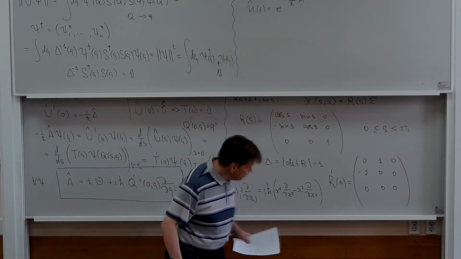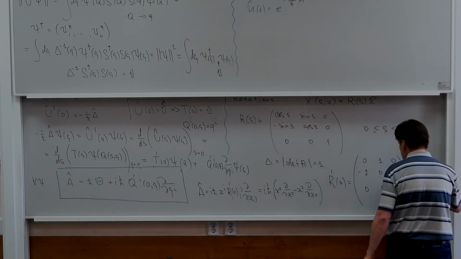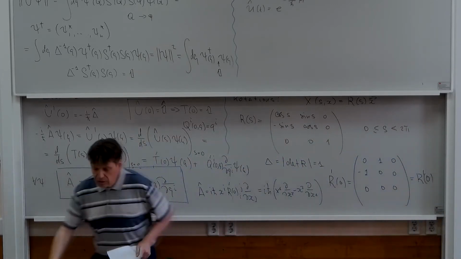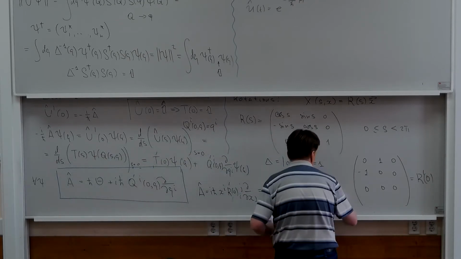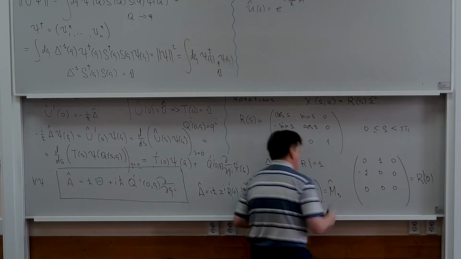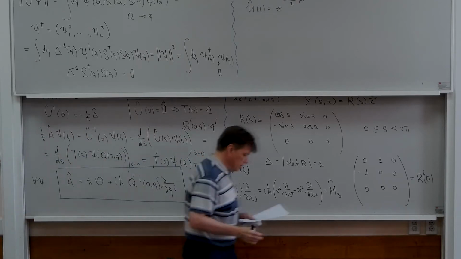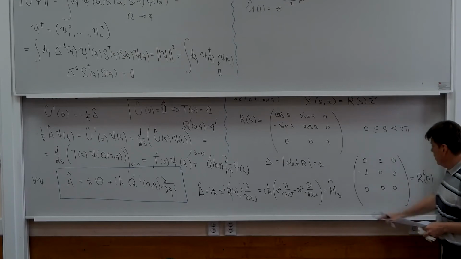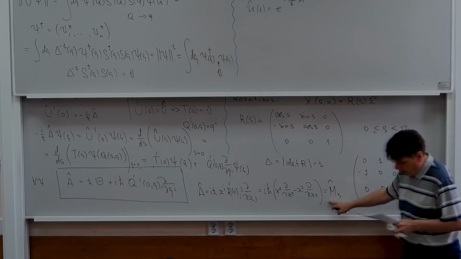And we see that this expression is nothing but the third component of the angular momentum operator. So this is the familiar expression for the third component of the angular momentum operator. So we see that rotations about the z axis, x3, are generated by the z component of the angular momentum operator.